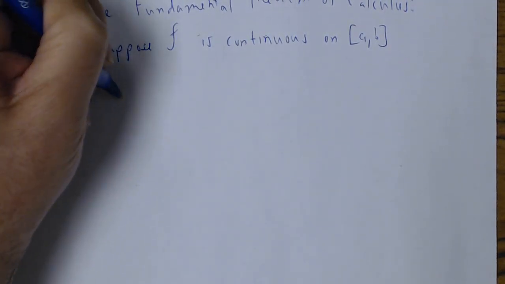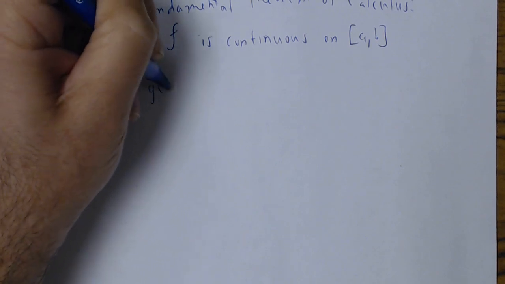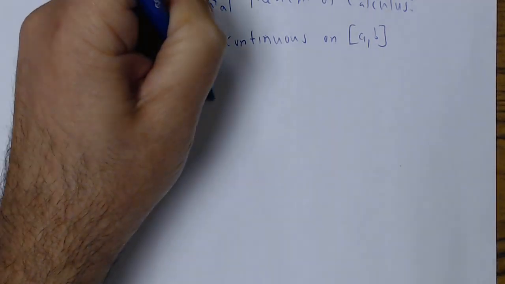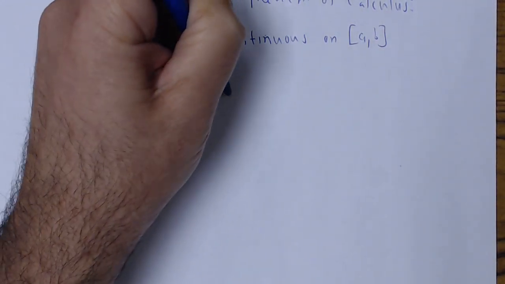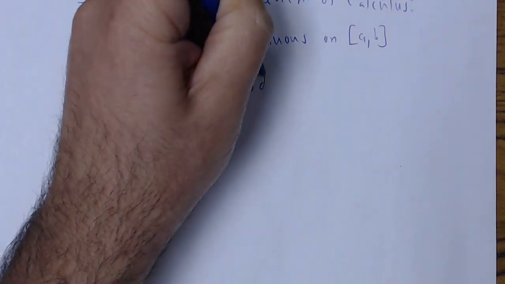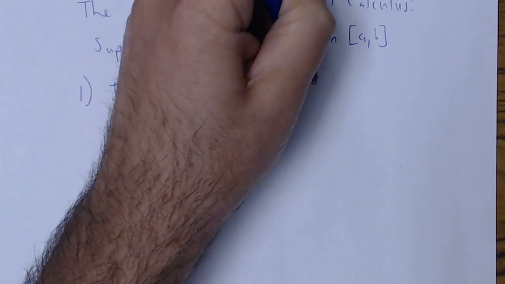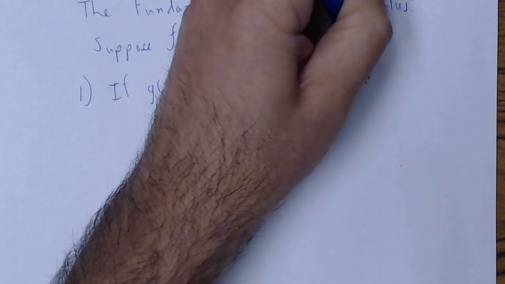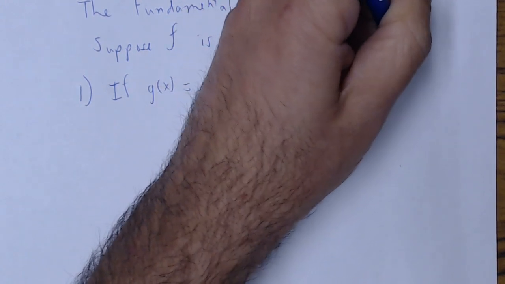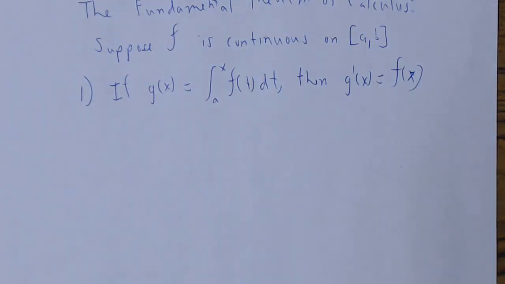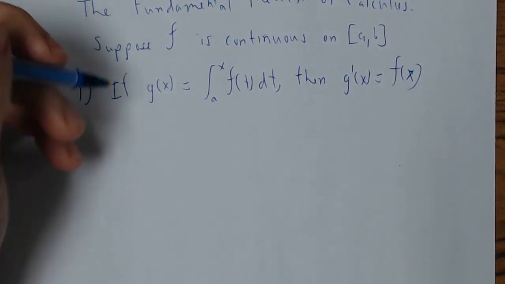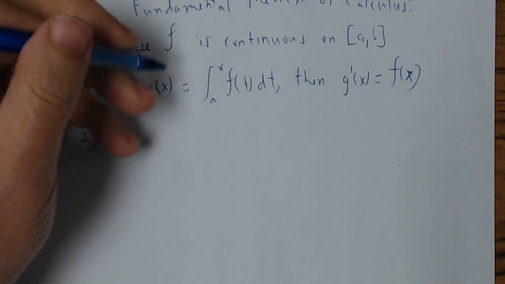Then if g of x equals the integral from a to x of f of t dt, then g prime of x equals f of x. So the derivative of the antiderivative just takes you back to the function that you found the antiderivative of. The second condition is what?